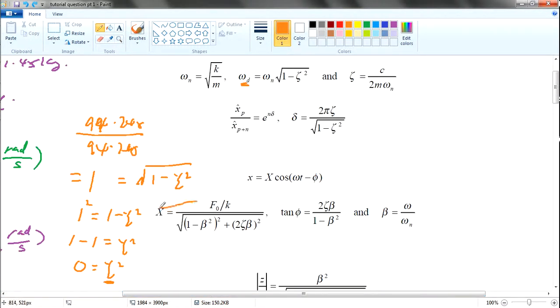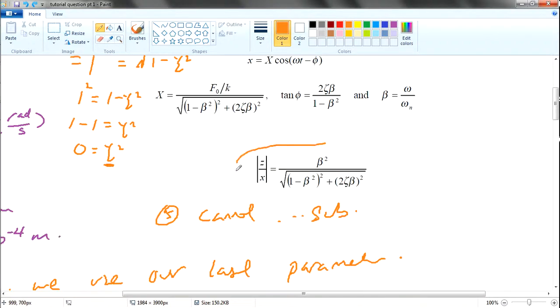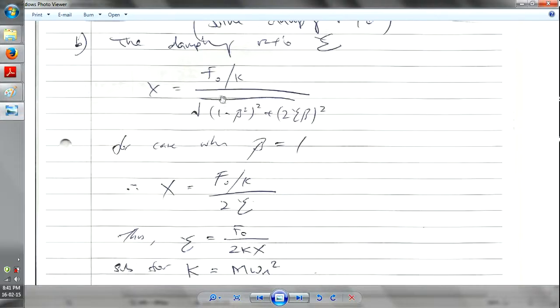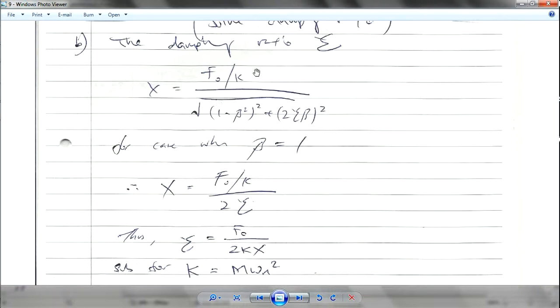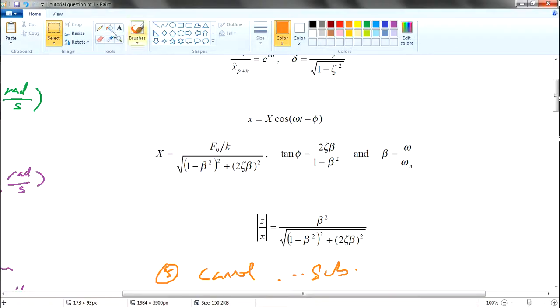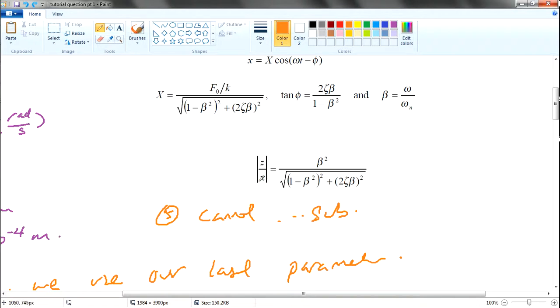So it's actually this formula, or this formula. Which formula do you want to use? Actually, we can only use this formula. Why? We are doing things in terms of z and x.